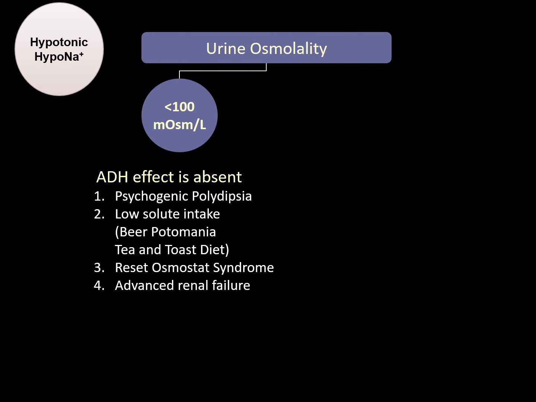We already know in the previous lecture that the urine osmolality, or the concentration of the urine, is directly proportional to the amount of ADH activity. If the urine is very dilute, with less than 100 milliosmoles per liter, we can presume that there is no ADH activity, or the ADH effect is absent.